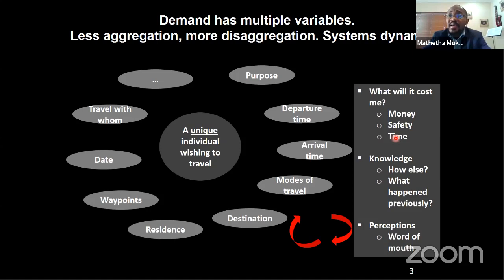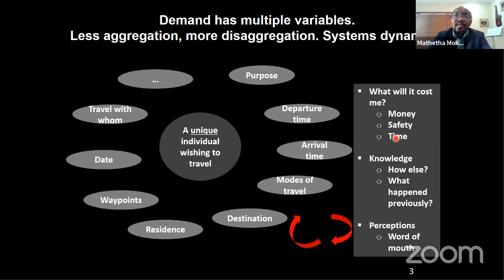The departure time is a variable, it can change on a daily basis. Arrival time is also a variable. The modes that you use are a variable. The destination, the place of residence is a variable. The waypoints or the path, the date, and there are many variables in this.